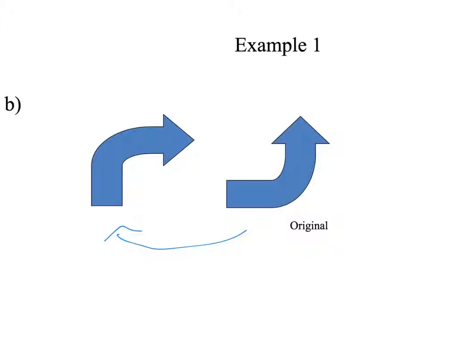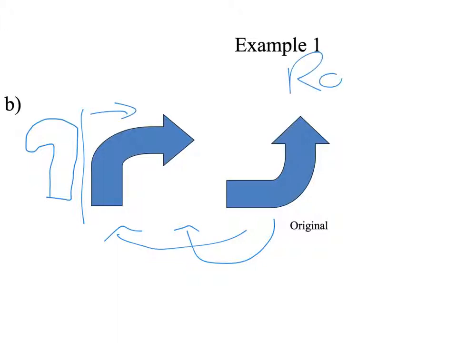And for me, what I'm seeing is a rotation and then a reflection. Because if I rotate it 270 degrees, it would look something like this. And then I can reflect it over the y. So I'm going to say a rotation and then a reflection.